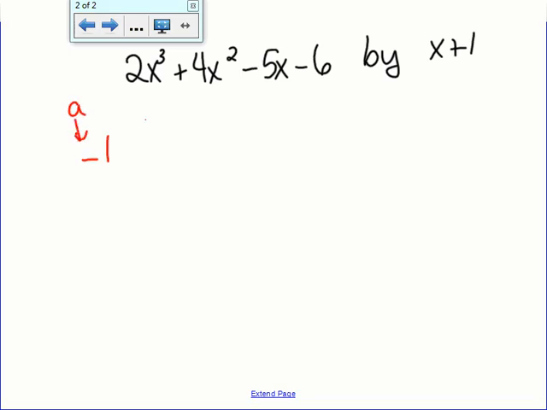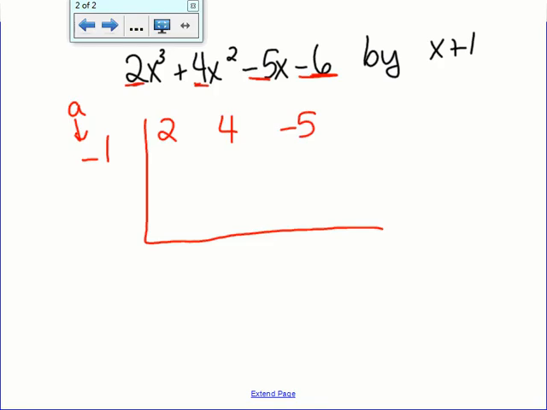Then I'm going to put a little box like this so I can keep track of everything. And I'm going to put the coefficients of my polynomial on the top row. So I'm going to put the 2 here, the 4 here, the -5 here, and the -6 over here.